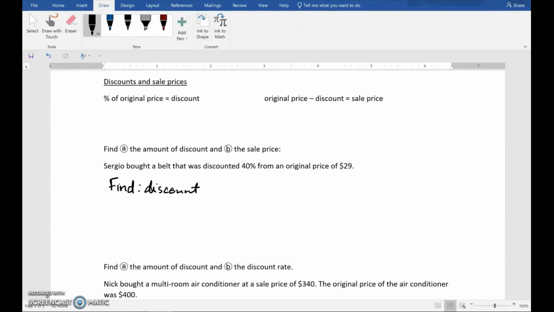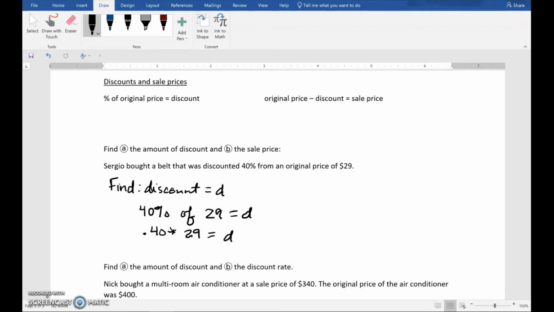So we're going to do 40%. We'll make that a D. 40% of the original price, which is $29. And that should give me my discount. So again, we need to change this into the decimal form. 0.4 or 0.40, those are the same thing, times 29.